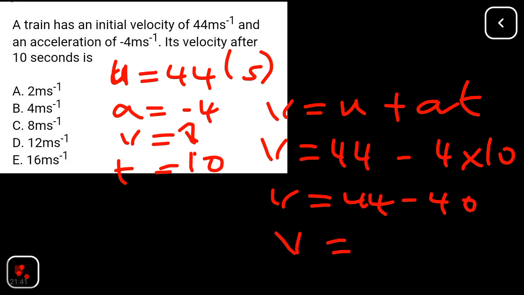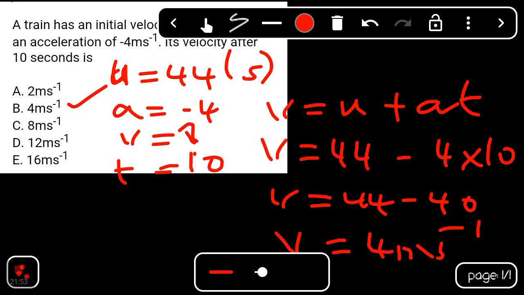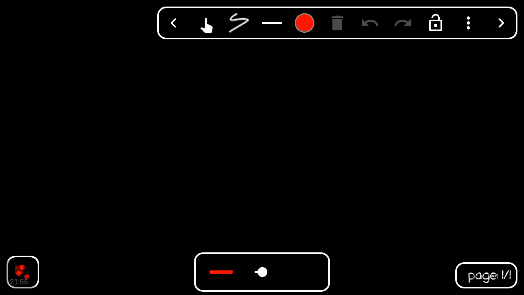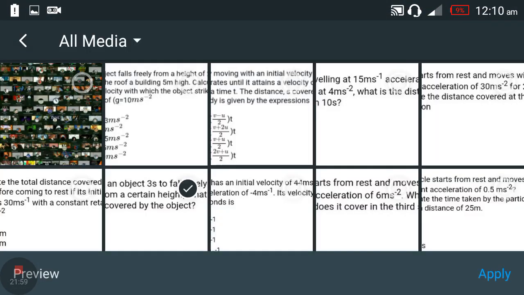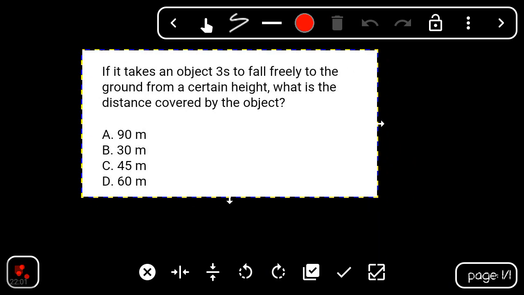So final velocity is simply 4 meters per second. You can see that the final velocity is smaller because the train is reducing speed. So that makes option B the right answer. So now let's go to another one. Nice question.